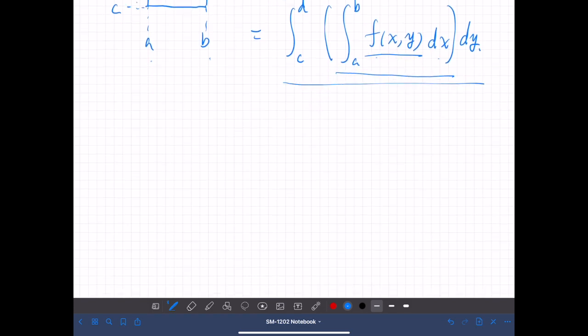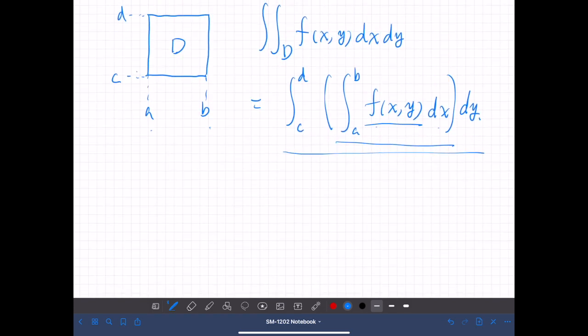Next, of course, we want to extend this result to any shape. For example, what about this kind of region? It's not a rectangle, so we cannot carry out integration like this.